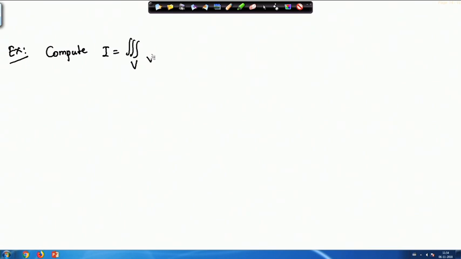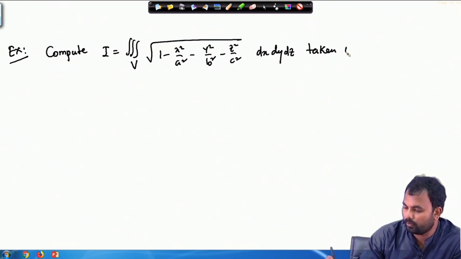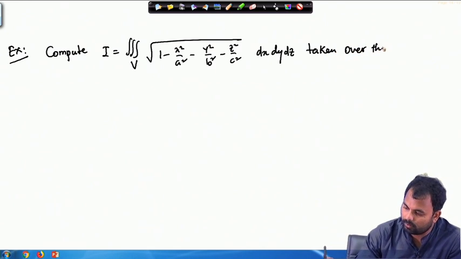Let us write it in this way: 1 minus x square by a square minus y square by b square minus z square by c square, dx dy dz, taken over the region.